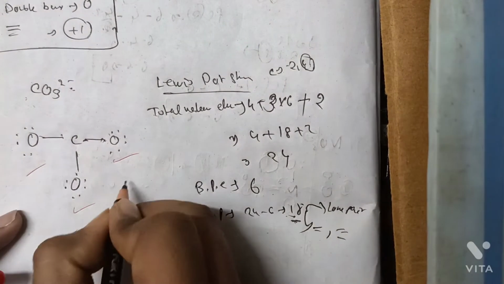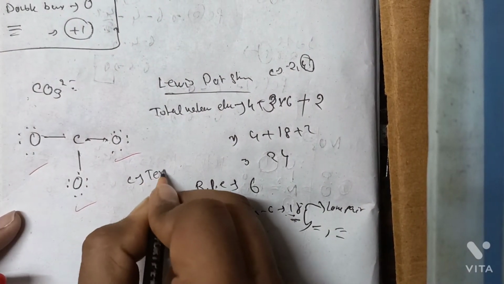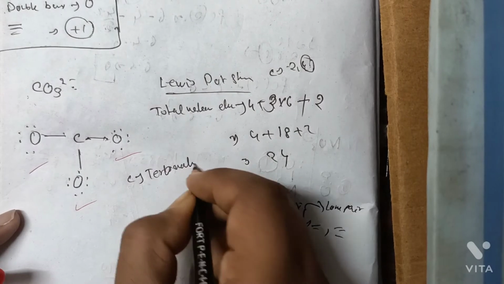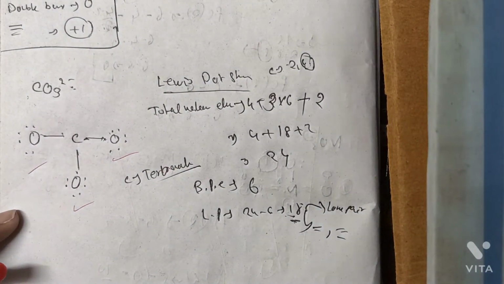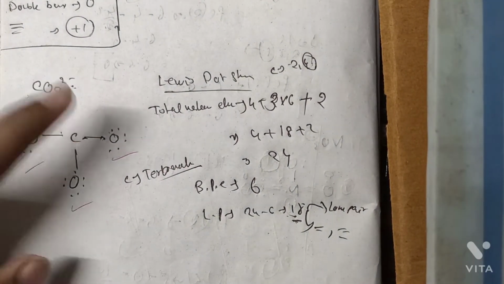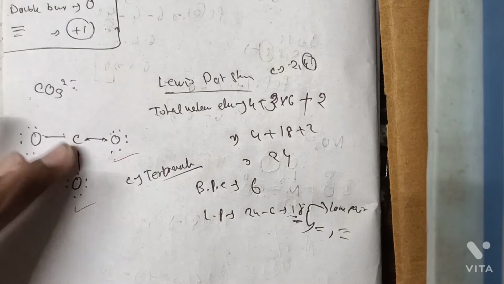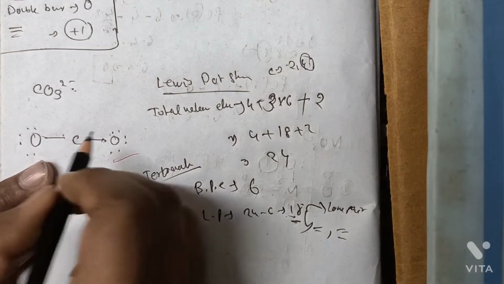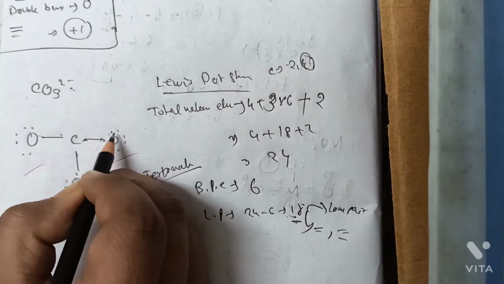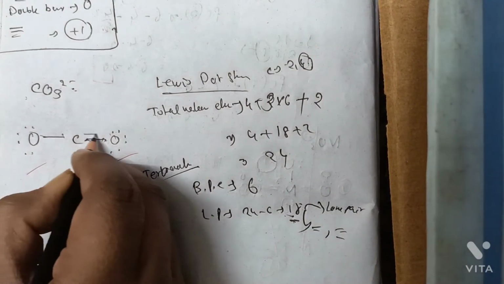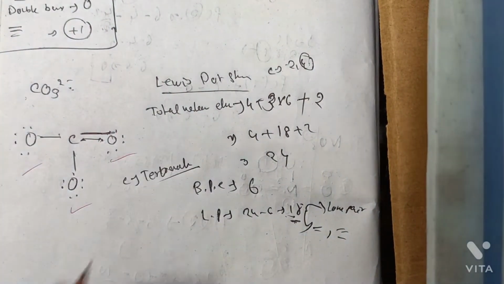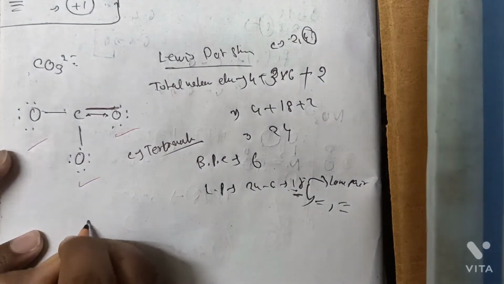As we all know, carbon is tetravalent, which means it makes four bonds. As we can see, this is not satisfied, so this structure is not correct. For it to be correct, we have to take a lone pair and make a bond. I am drawing it again.